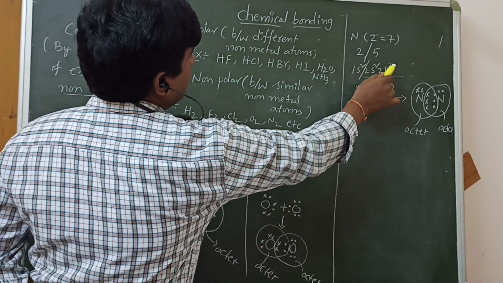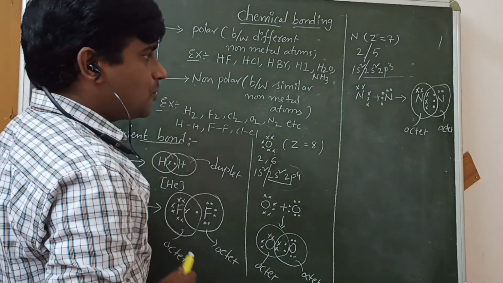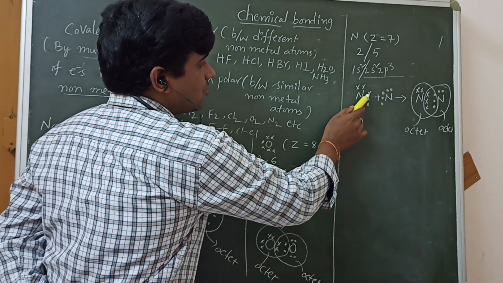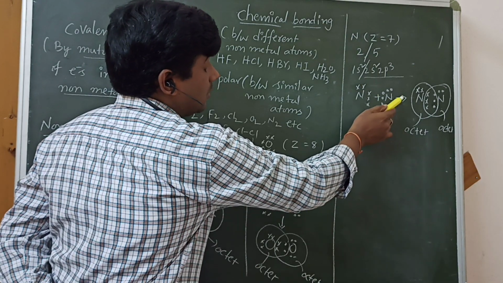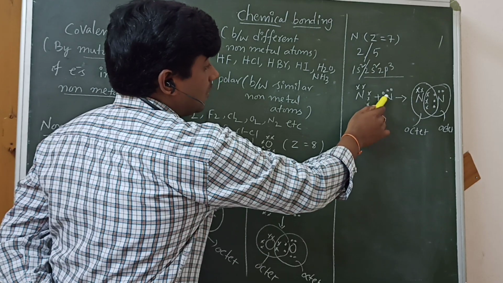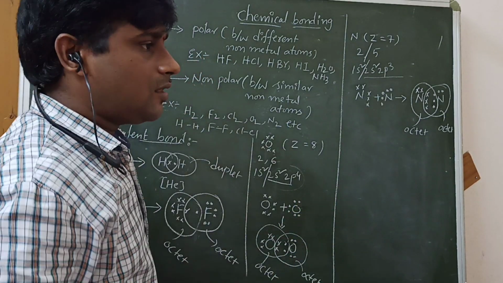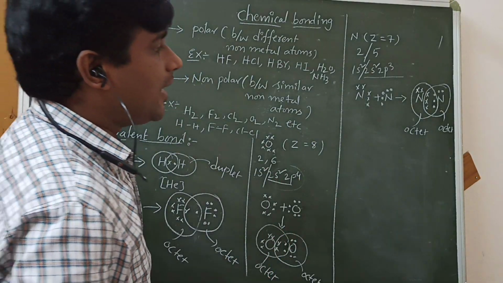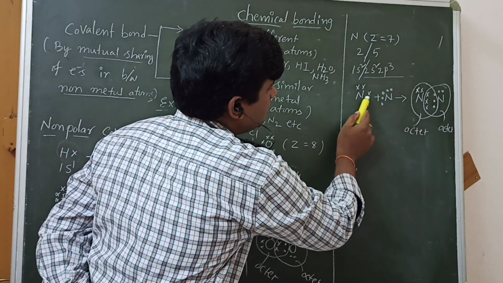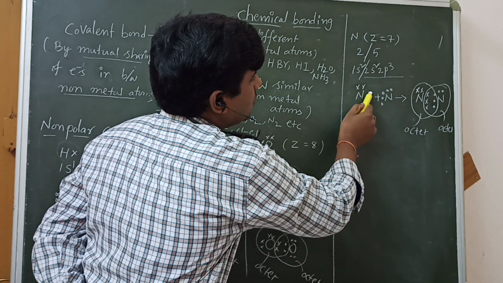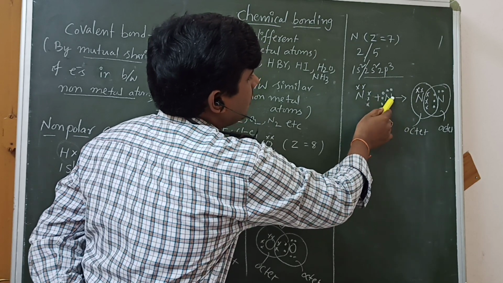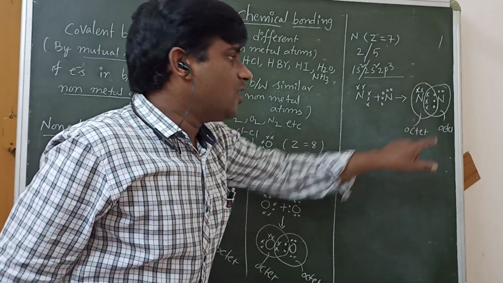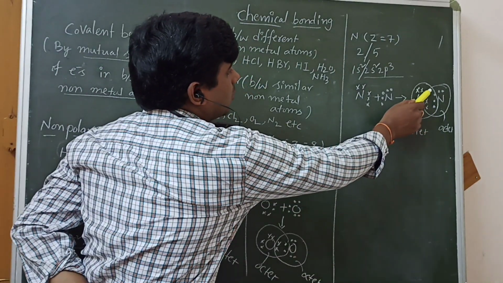Here 5 electrons are there, so 3 more electrons it needs. So the nitrogen shares 3 electrons with the other nitrogen atom by mutual sharing of electrons, and it will get octet configuration. Once you observe, this nitrogen atom shares 3 electrons to this nitrogen, and this nitrogen shares 3 electrons to this one. So individually these two will get octet configuration.